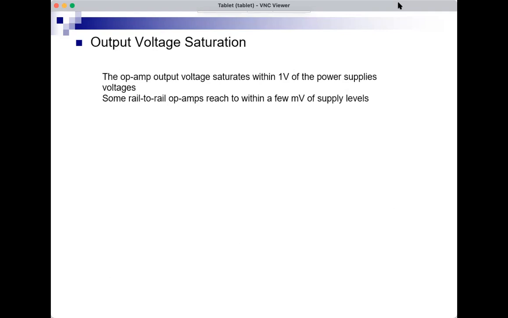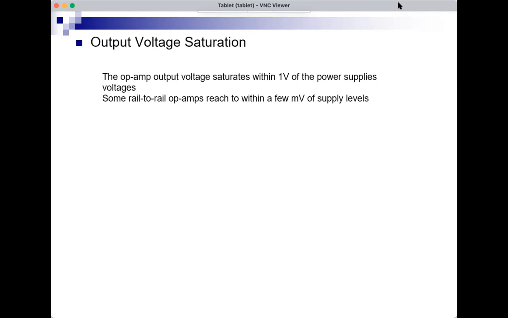For some op-amps called rail-to-rail, the output voltage can reach to within a few millivolts of the supply. So if the two supplies are 10 and minus 10, the output voltage can reach maybe 9, 9.5, close to 10 in the positive direction, and minus 9, minus 9.5, minus 9.9 in the negative direction, but then it saturates.